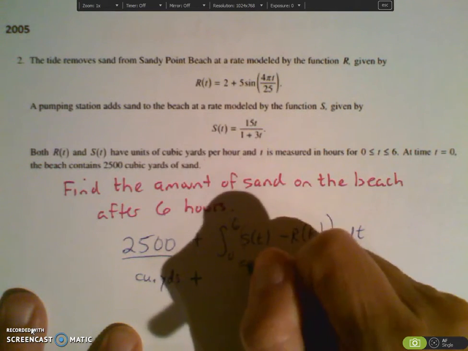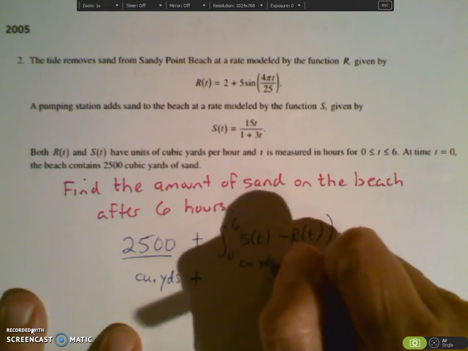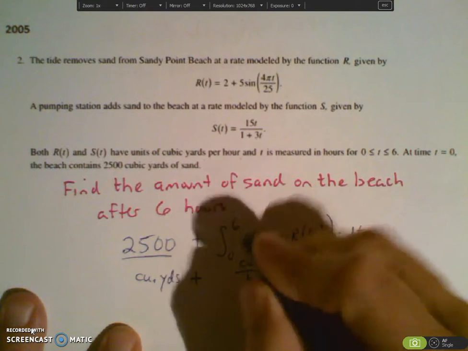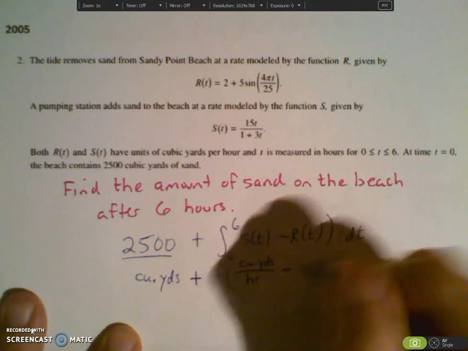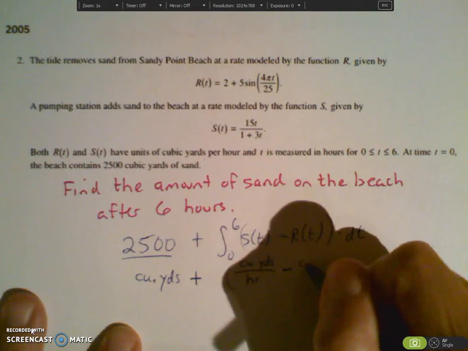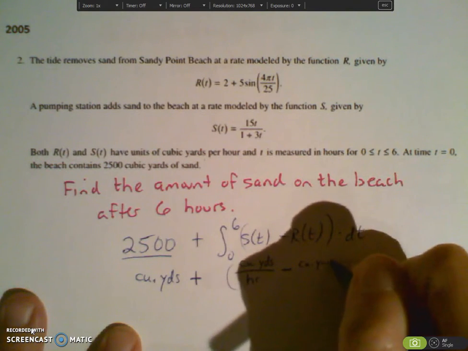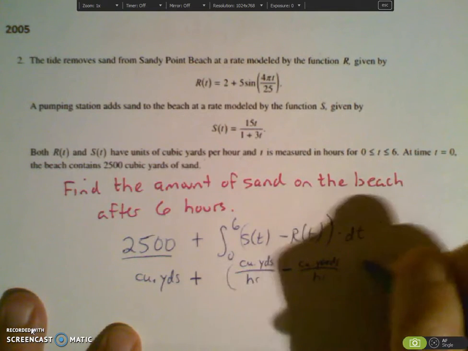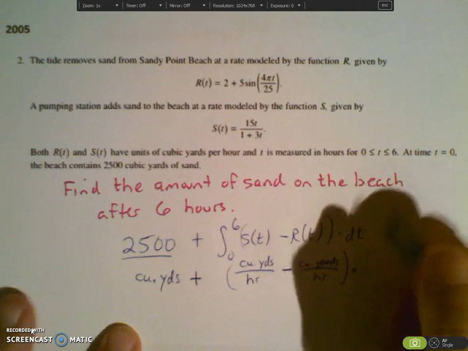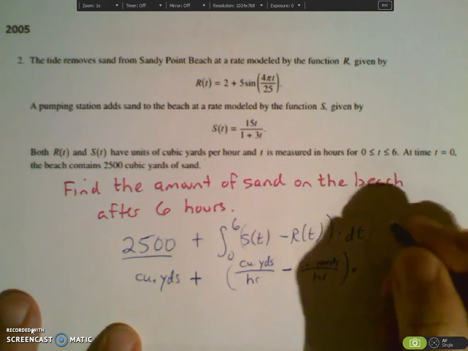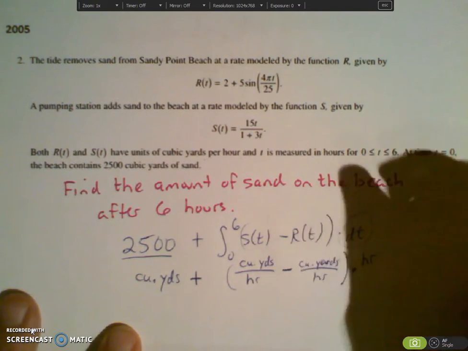So I'm going to put cubic yards per hour, minus r of t is also measured in cubic yards per hour. And then we have to multiply that by our differential, which is measured in hours.